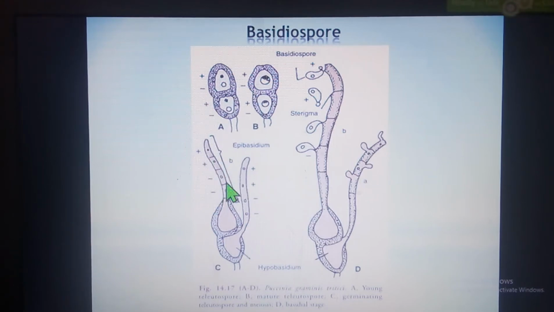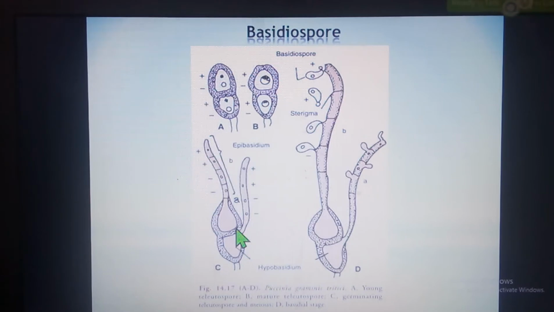So here, in this figure, this germ tube is now referred to as the probasidium or epibasidium. Okay, and it has a limited growth.